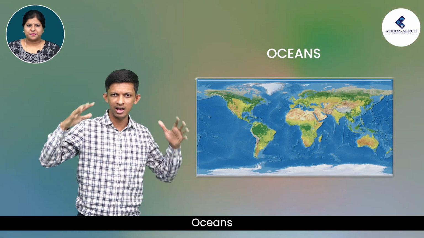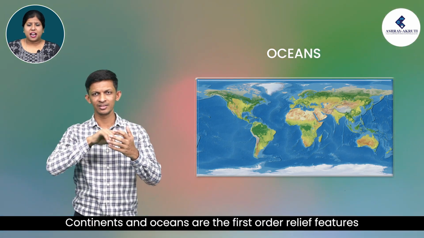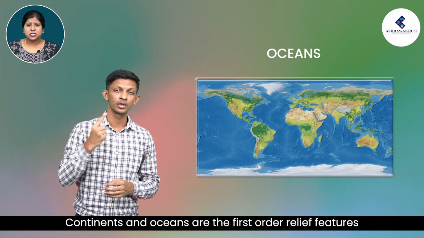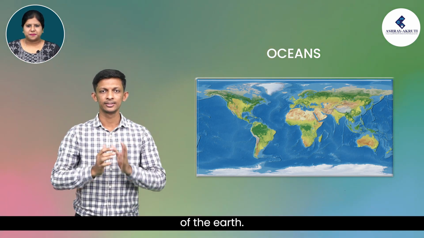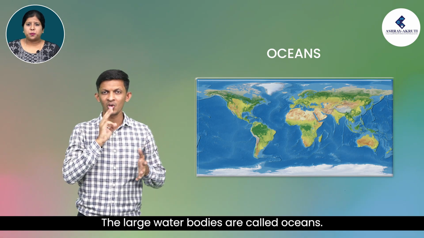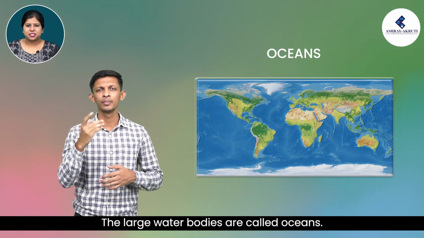Oceans. Continents and oceans are the first order relief features of the earth. The large water bodies are called oceans.